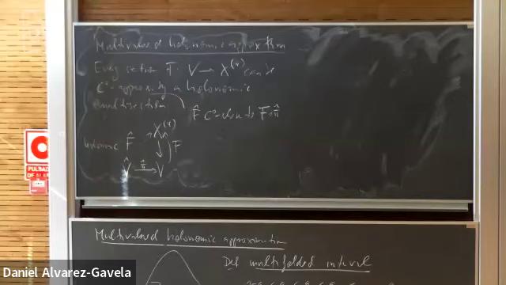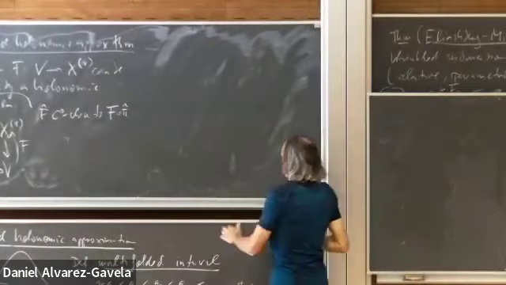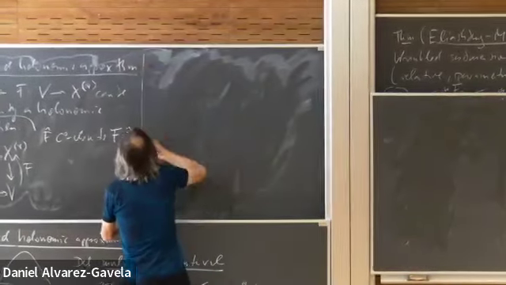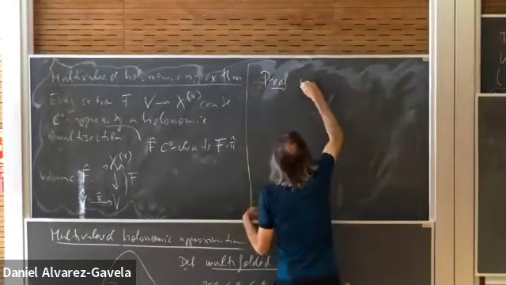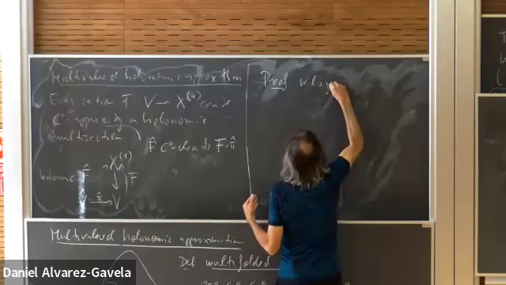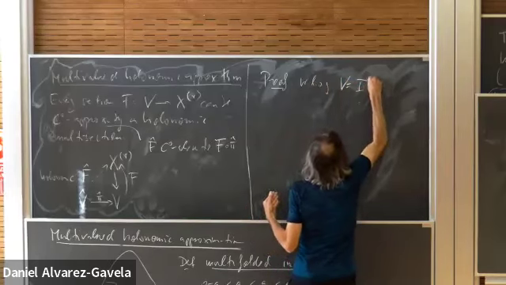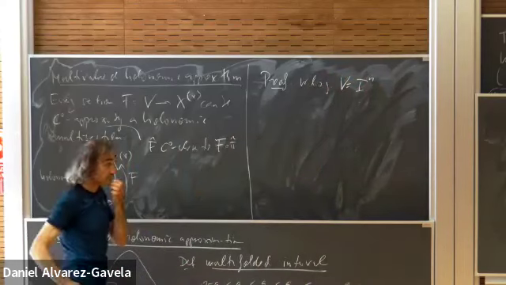Without loss of generality, D is just the cube itself.